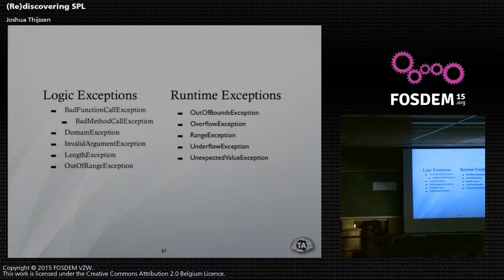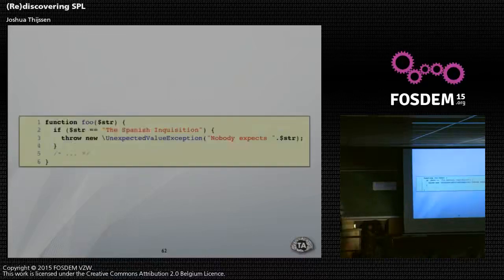I'm really glad if you throw a runtime exception when you need to throw a runtime exception, and if you throw a logic exception when you need to throw a logic exception. As an example, this is a function call. If the string is the Spanish Inquisition, you throw a new unexpected value exception.